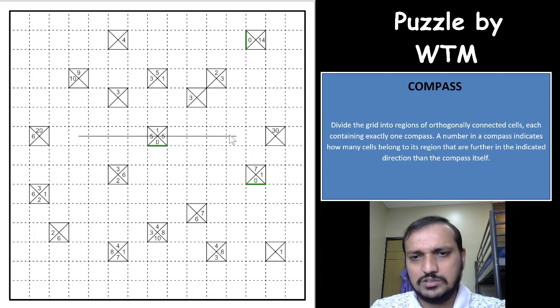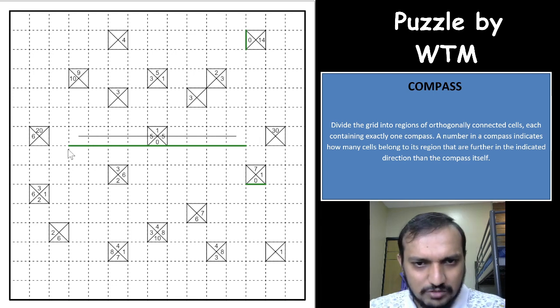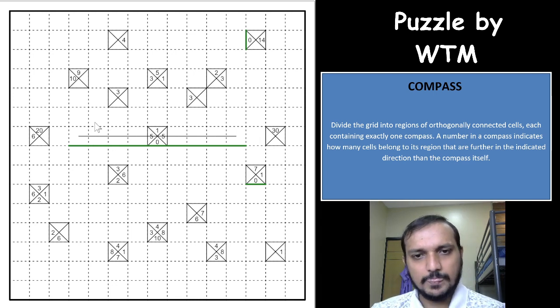One cell would go this way, and the other would have to be 5 in a straight line. So none of these cells can go towards the bottom. That's a really good starting logic, I would say. That one cell can still be any one of these 4 cells or any one of these 4 cells.